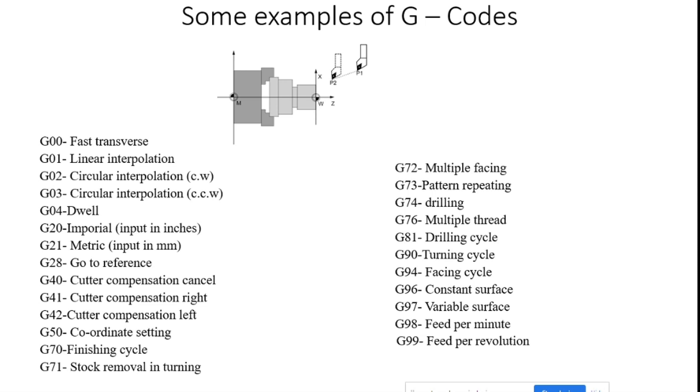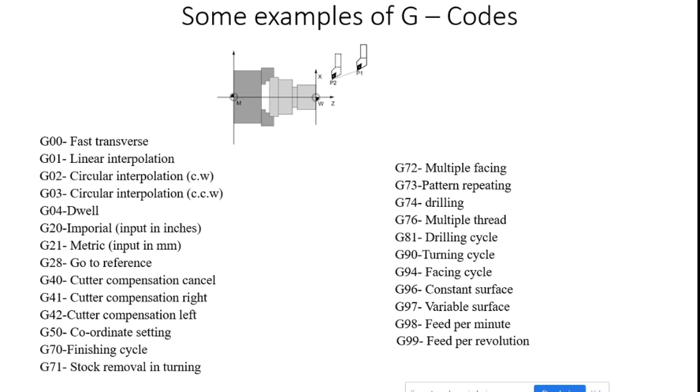And then feed rate: I can give the feed per minute, which is mm per minute, and I can also give the feed rate in mm per revolution. Whatever type of feed value I give to the machine, if I utilize feed per minute I can utilize the G98 code.